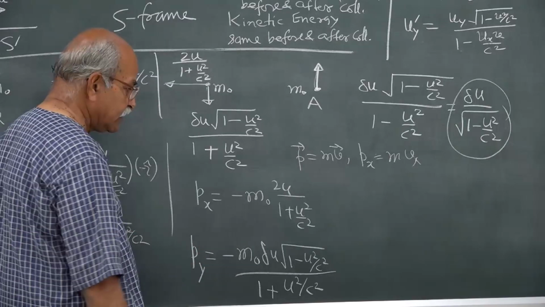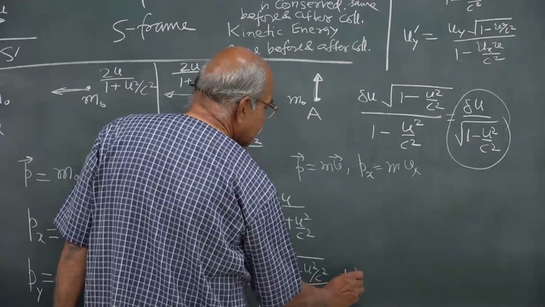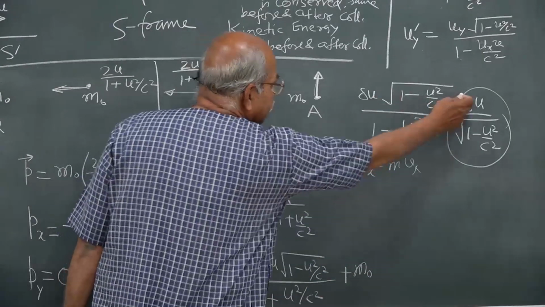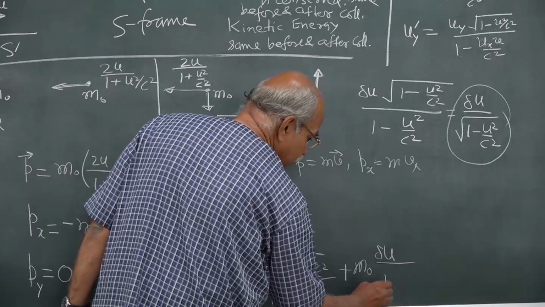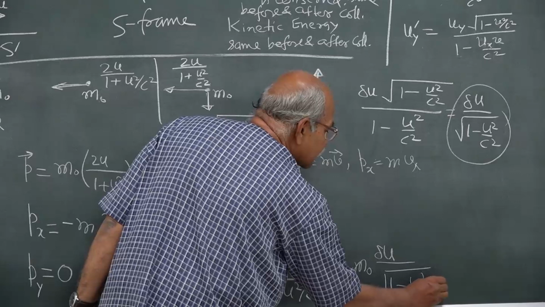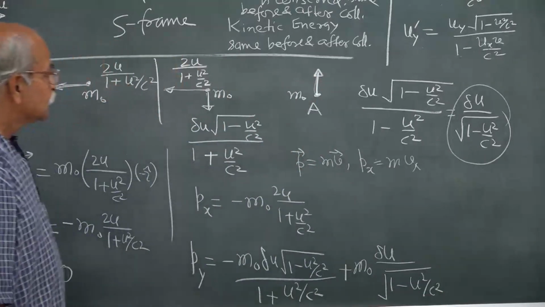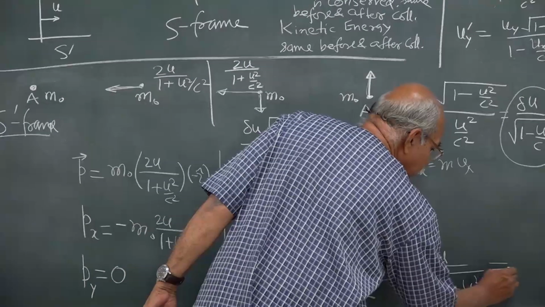This will be py here, and from here py is this, so plus m naught and then this delta u divided by square root of 1 minus u square by c square. So you can see that this is not 0.